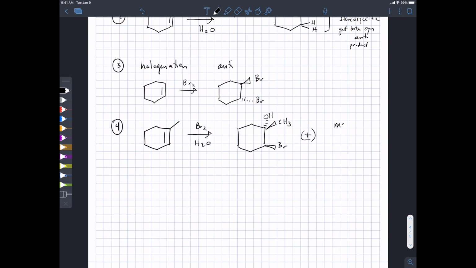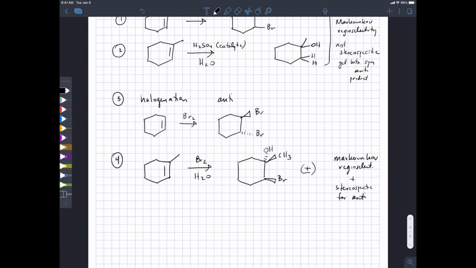So here again you see what we would call Markovnikov regioselectivity, and we see stereospecificity for anti-addition. So that's what we've done so far. What we haven't seen an example of yet is where a nucleophile ends up on the less substituted carbon. And we've also not seen an example of a syn addition where the two things get added from the same side of the double bond.